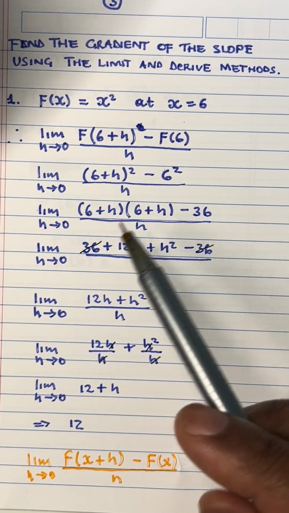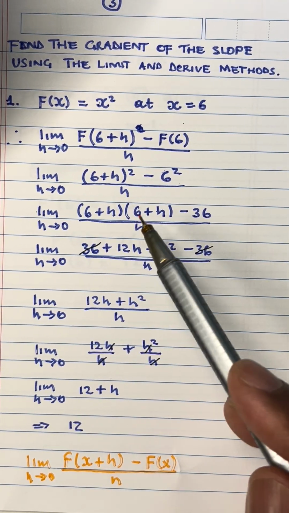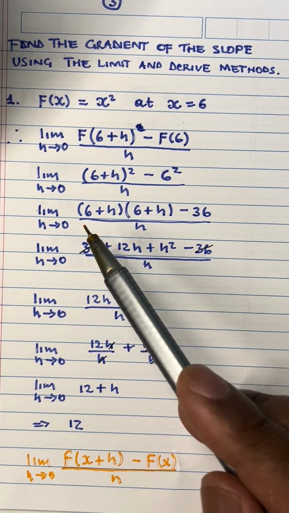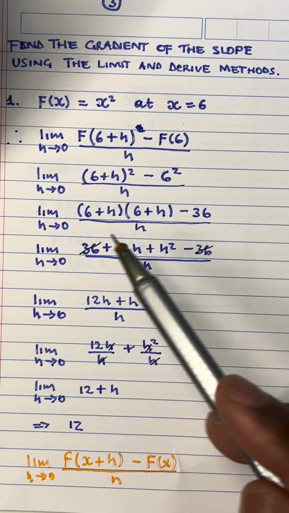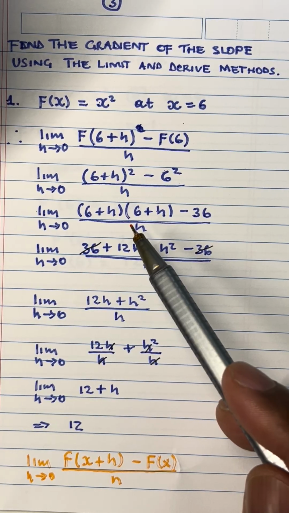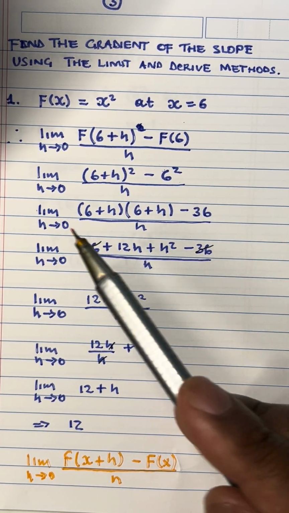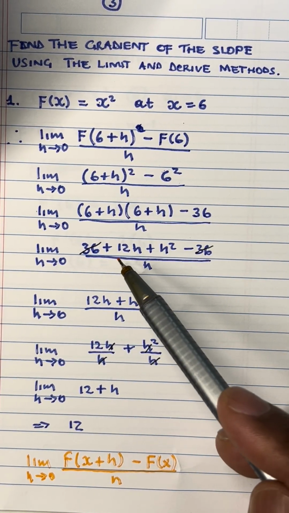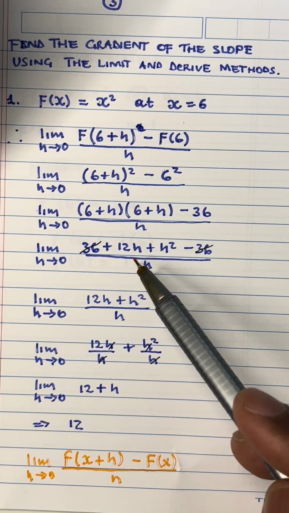But, okay, wait, let's backtrack. 6 times 6 gives you 36. 6 times h gives you 6h. Then h times 6 gives you 6h. And then the previous 6h, you add it to this one, then it gives you 12h.